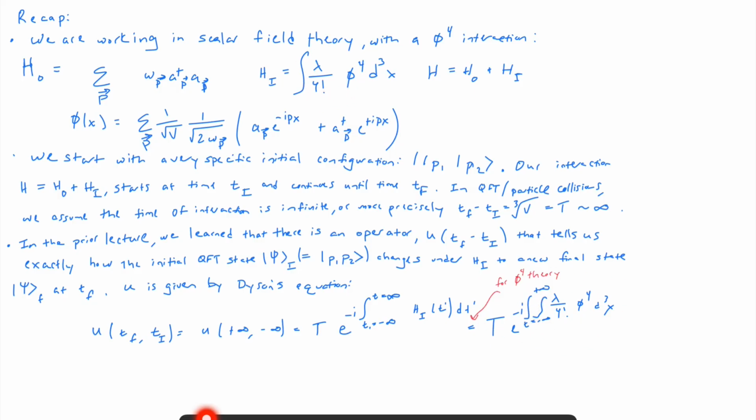We have an integral over time coming from Dyson's equation, from time equals negative infinity to positive infinity, or, you know, this big T could be replaced with this infinity difference. And then we also have to integrate over space because this is the spatial density from all of our boxes of our cube. So we get this effectively 4-dimensional integral because we have a dt and then a dx. There should be a little dt here as well.